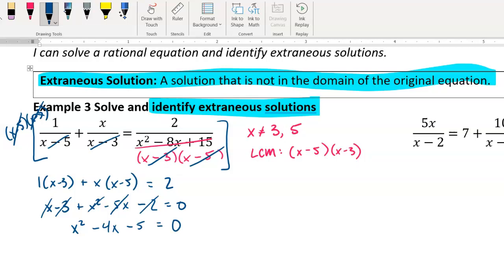So now I want to factor this down. I want to look to see what two numbers multiply together to be negative 5 that add together to be negative 4? Well, hopefully you got negative 5 and positive 1, because negative 5 times 1 is negative 5, and negative 5 plus 1 would be negative 4. So I'm going to set those equal to 0 and solve them.